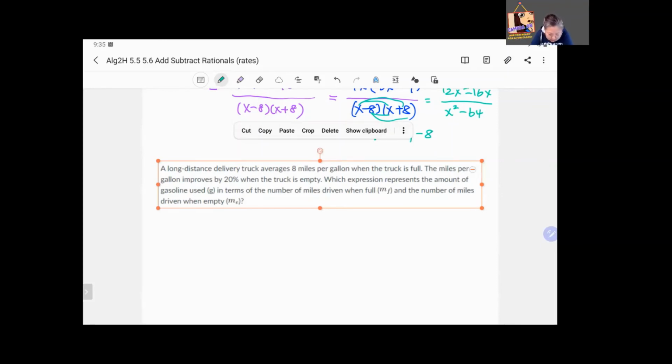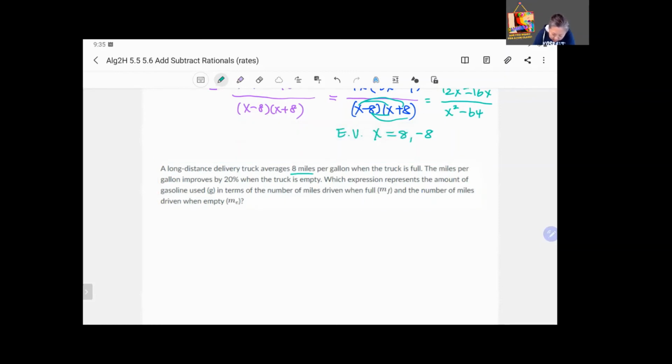In a long distance delivery, a truck averages 8 miles per gallon when the truck is full. So with 1 gallon, this truck with some things loaded can go 8 miles. And the miles per gallon, we usually say it's MPG, right?